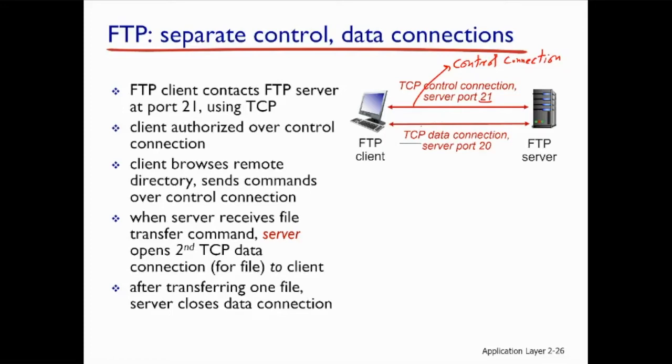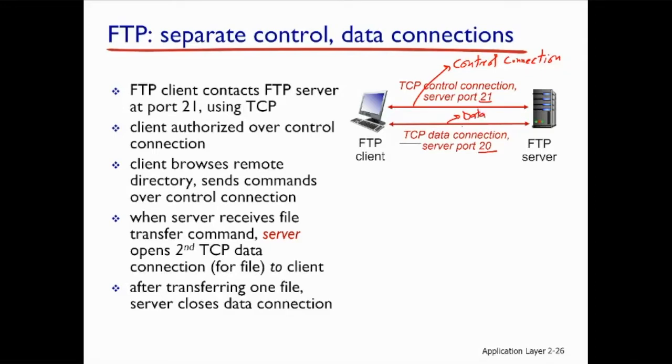And the actual data transferred from an FTP client to an FTP server, or from the FTP server to the FTP client, will be made on another TCP connection that is established on port 20. So this connection is for data transfer.